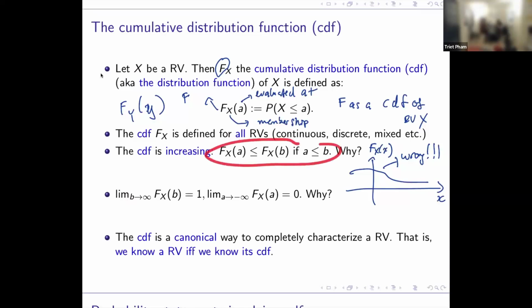Okay. Why? Of course because of probabilities. X less than or equal to A is contained in X less than or equal to B, if A is less than or equal to B. So remember, this is the axioms of probability from day 1 or day 2 of class. The probability of the first set must be less than or equal to the probability of the second set.